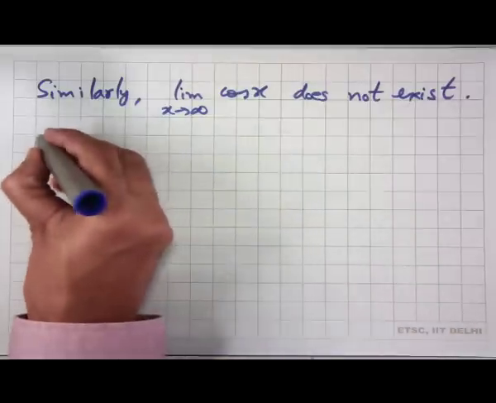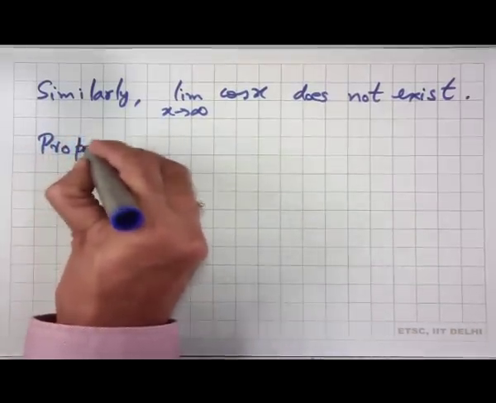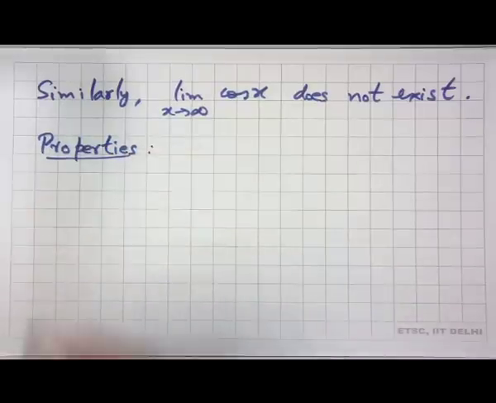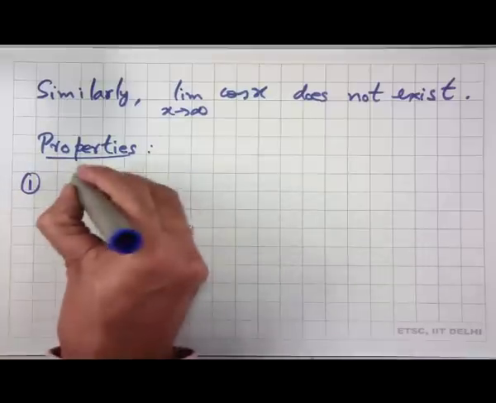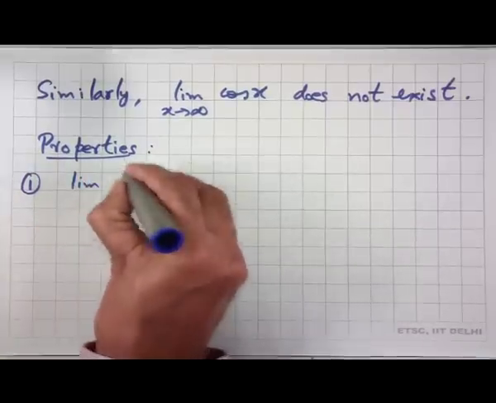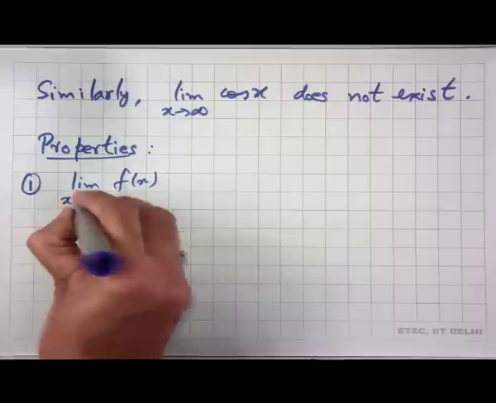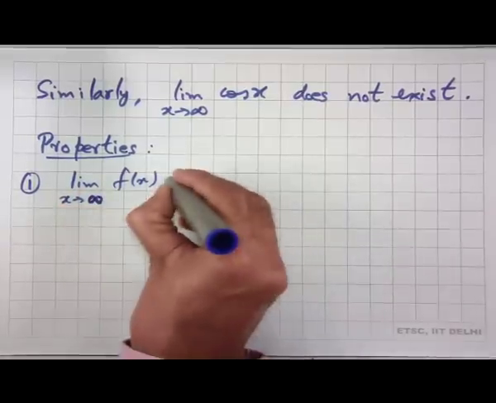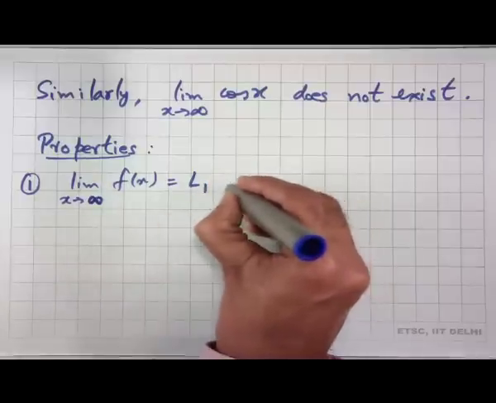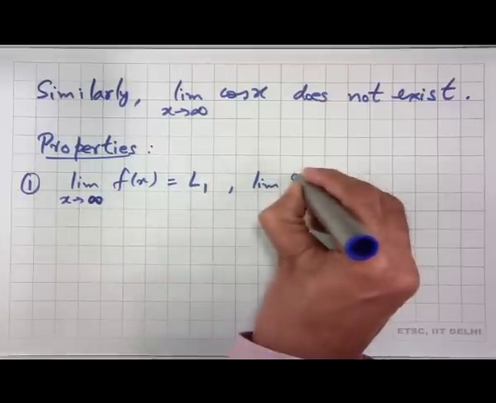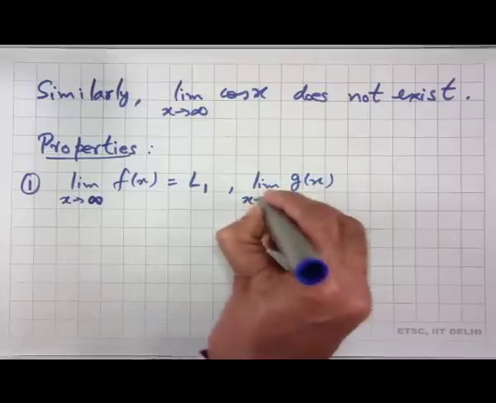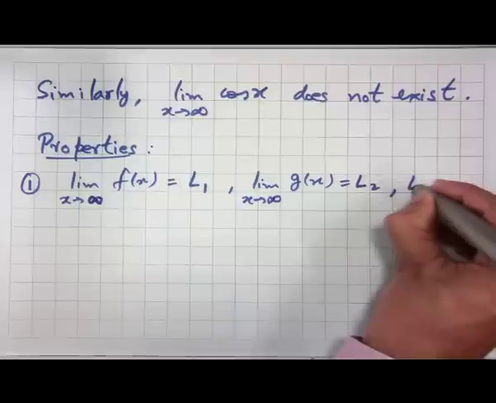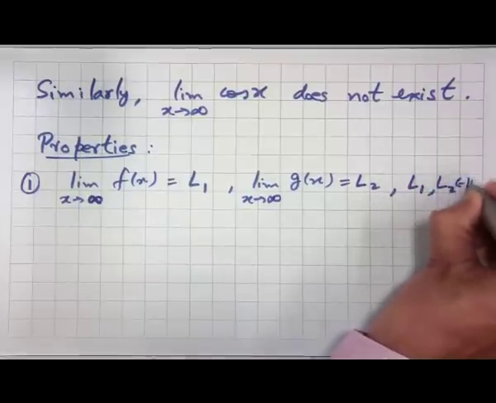Again, some properties. Suppose the limit of f of x as x approaches infinity is equal to L1, and the limit of g of x as x approaches infinity is equal to L2, where L1 and L2 are real numbers.